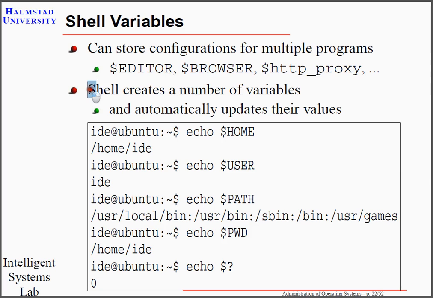And similarly, there are a number of variables that the shell creates automatically and automatically maintains correct values for them. So there is a variable called HOME, which contains the name of the home directory of the current user. There is a variable called USER, which contains the name of the currently logged in user.